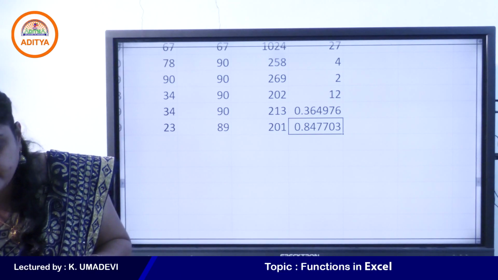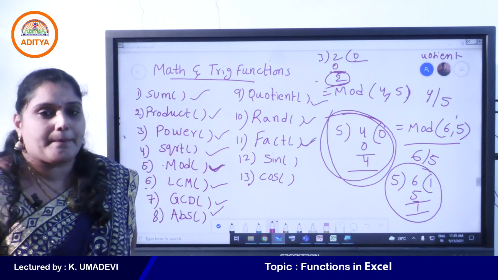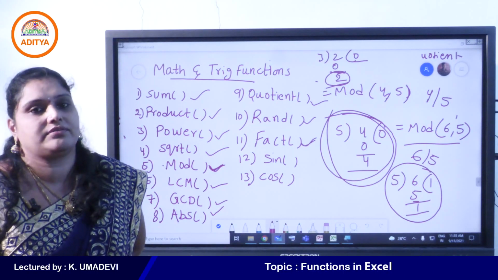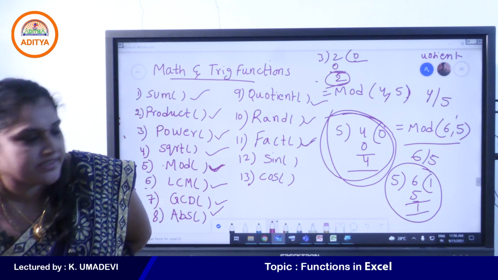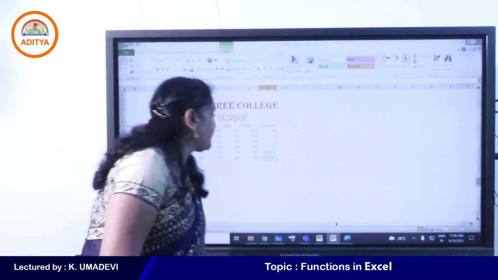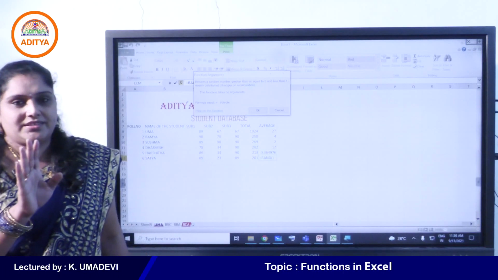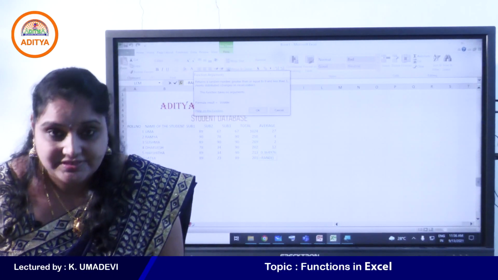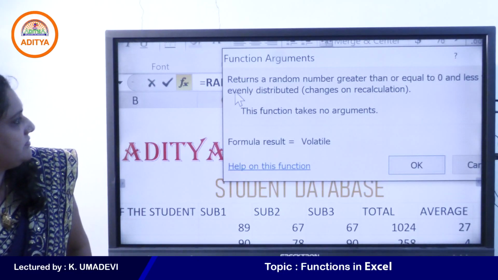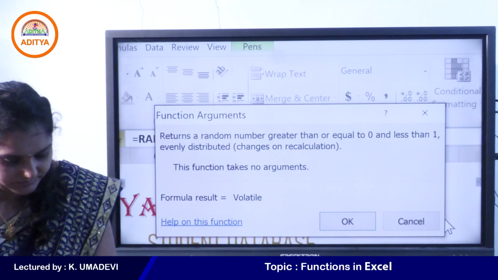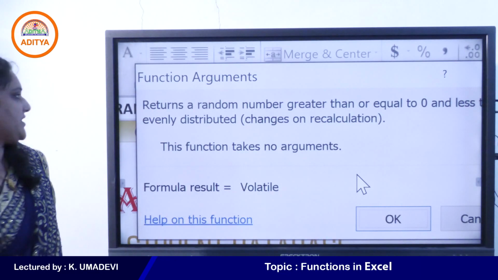Clear, students? So the 10th function is random. It gives a random number in between 0 and 1. For example, just click on fx and read the message on the dialog box.